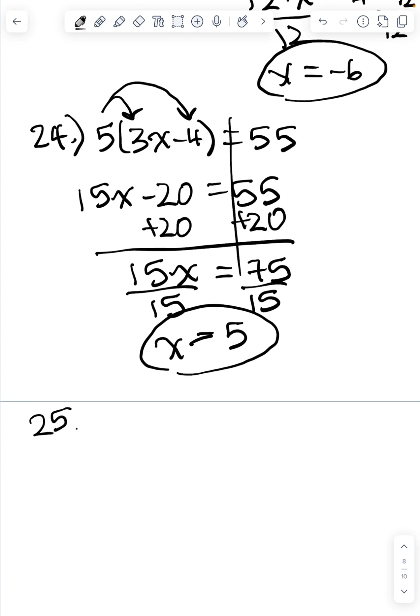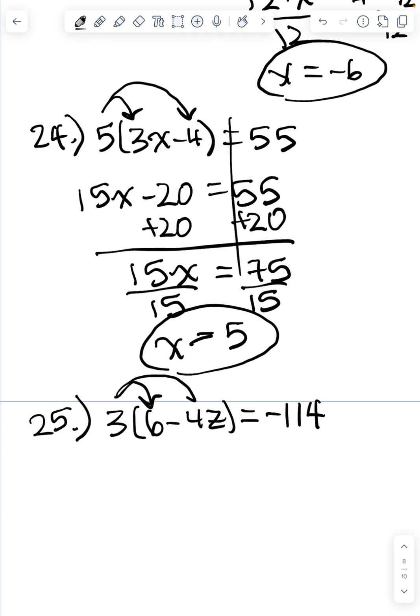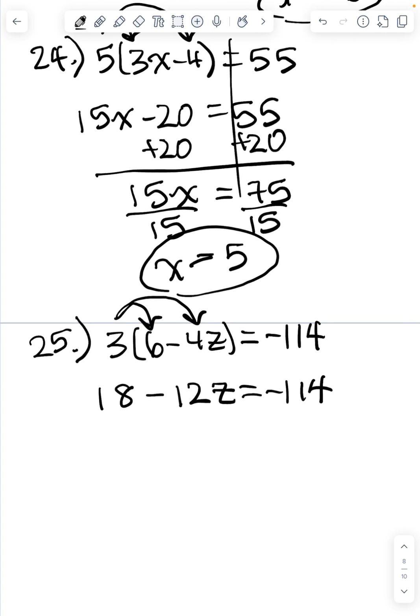Number 25. 3 times the quantity 6 minus 4z equals negative 114. Distribute the 3. That's going to get us 18 minus 12z equals negative 114.